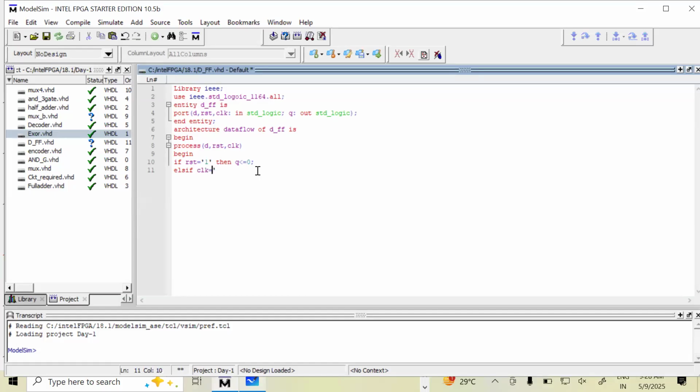Else if clock equal to 1 and clock event, then Q is less than equal to D. End if, end process and end architecture.